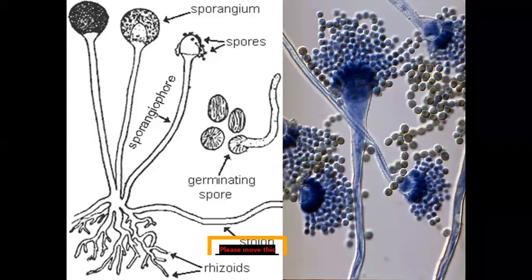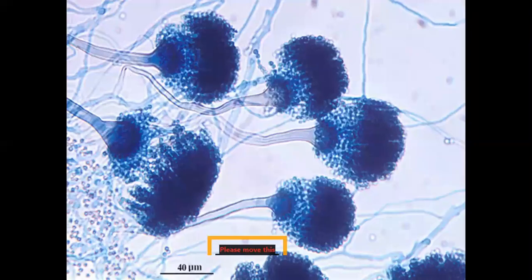You have conidia. Those are spores on the tip of the hyphae, and you have two types of fungi having such type of conidia. One is Penicillium, and the other is Aspergillus. Penicillium is a useful fungus, while Aspergillus is a harmful fungus. So, to differentiate between these two, this is a Penicillium, this is an Aspergillus.